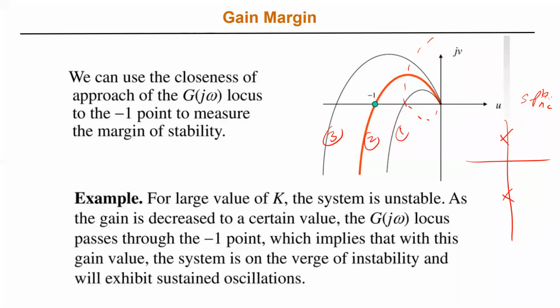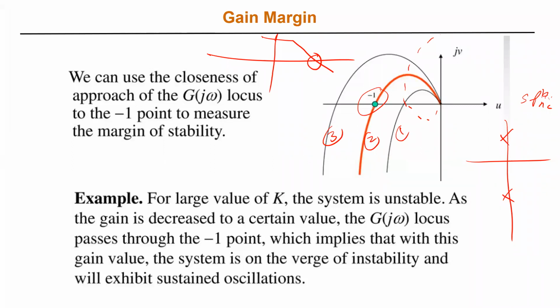Okay, so this is the case. On the Bode plot, the point -1 will be at 0 dB and -180 degrees. This is because the magnitude will be 1, and in the Bode plot we are taking 20 log of the magnitude.